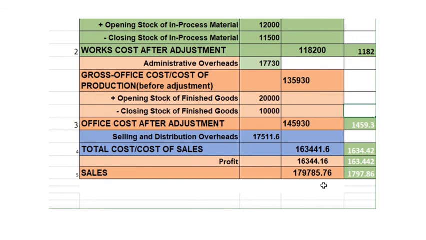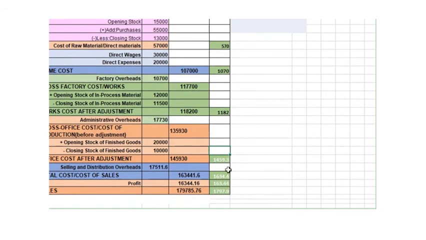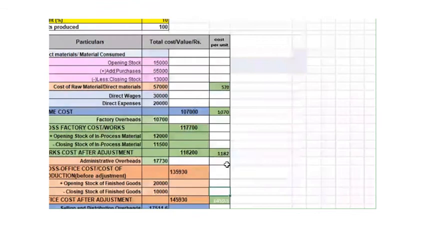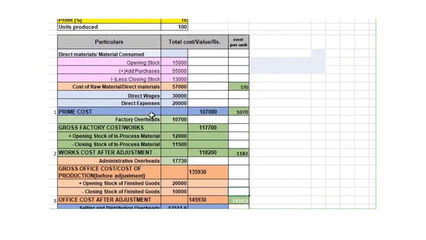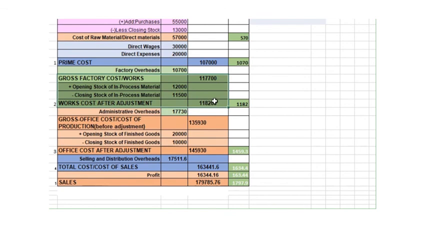So now the cost sheet is prepared with the adjustments for inventory. First prime cost, then factory cost, then office cost.